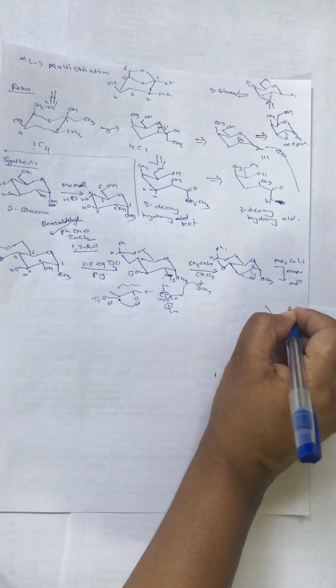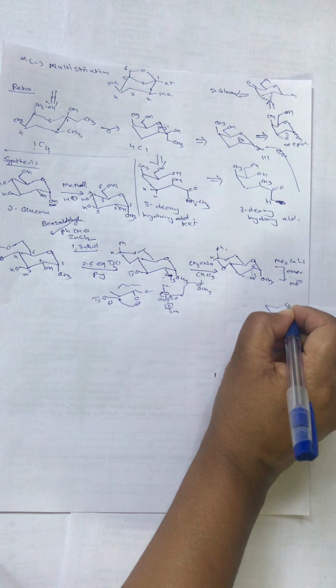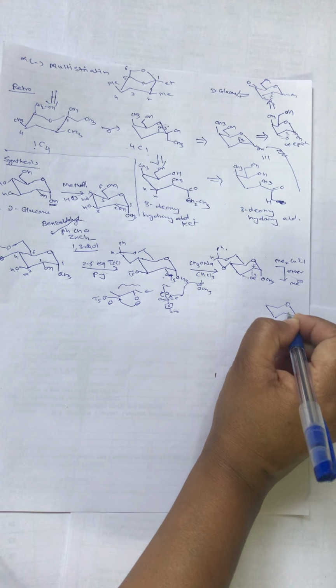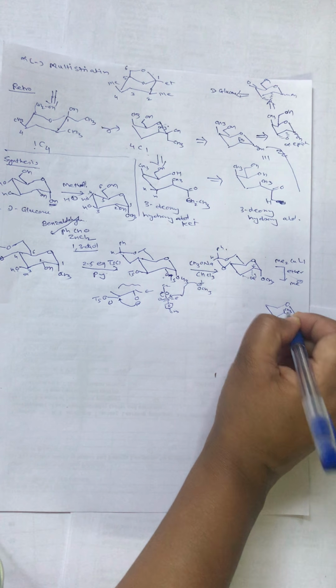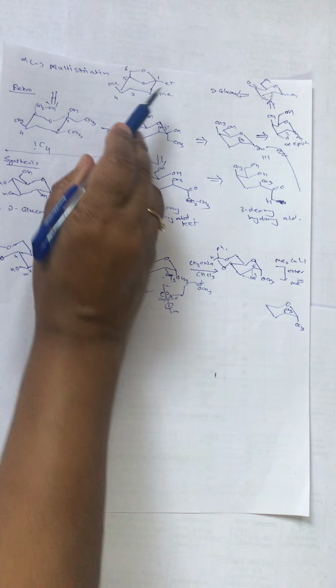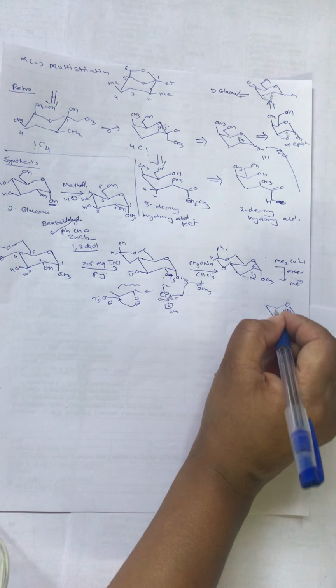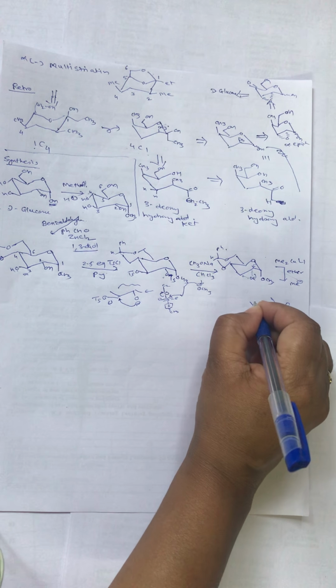So we will get the formation of OCH3, and now here you get the first introduction of the CH3 group at the second position. We will get the OH here, and the remaining things are as it is.